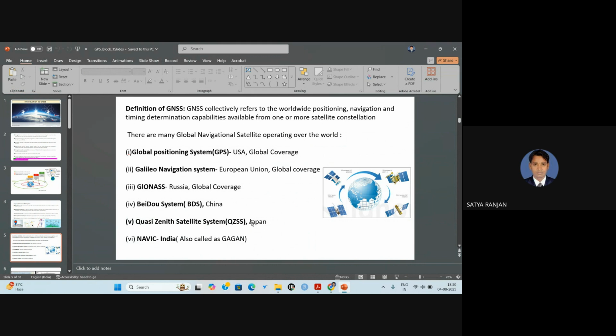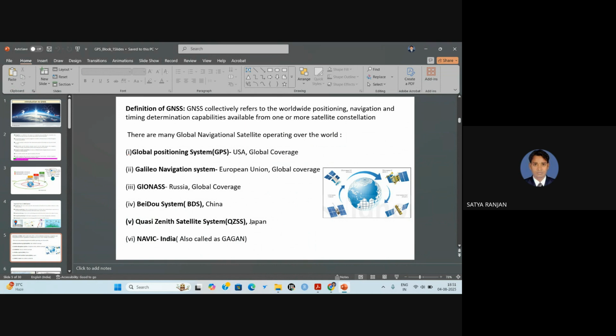Then the definition of GNSS. GNSS collectively refers to the worldwide positioning, navigation, and timing determination capabilities available from one or more satellite constellations. So the GNSS system, the Global Navigation Satellite System, provides worldwide positioning, so any part of the world is covered by the GNSS system. Then navigation, real-time navigation, and time determination.